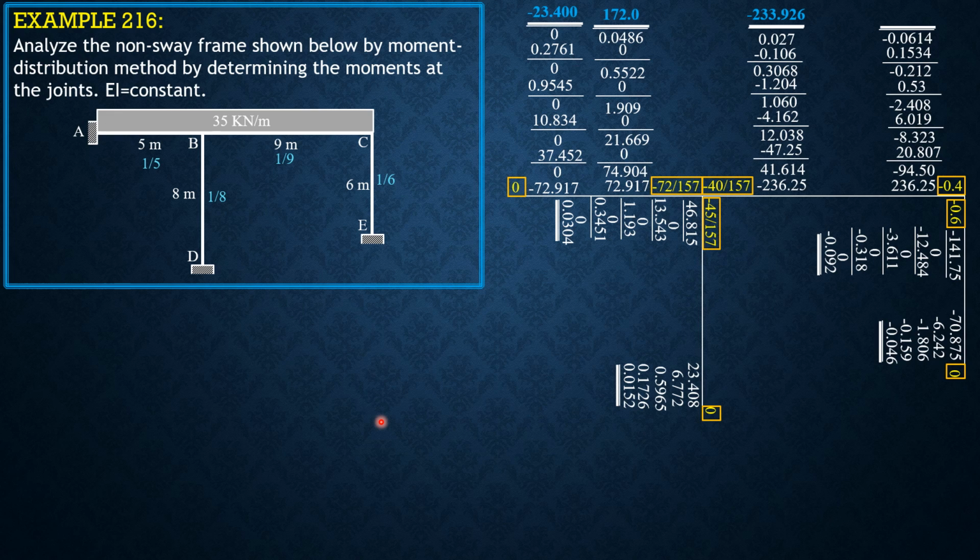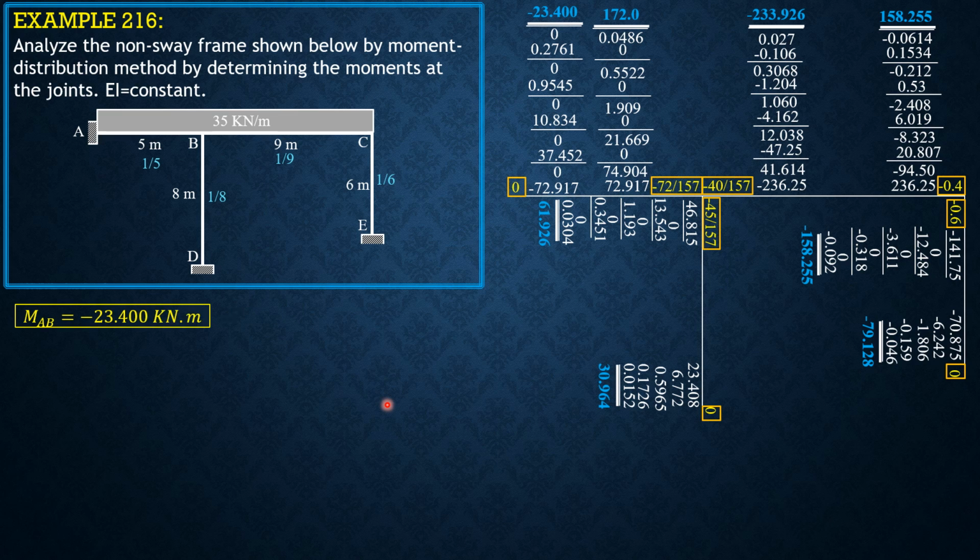Moment CB, 158.255. Moment CE, negative 158.255 kilonewton meter. Then moment AC, negative 79.128 kilonewton meter. Then moment DB, 30.964 kilonewton meter. So that's it for this problem.